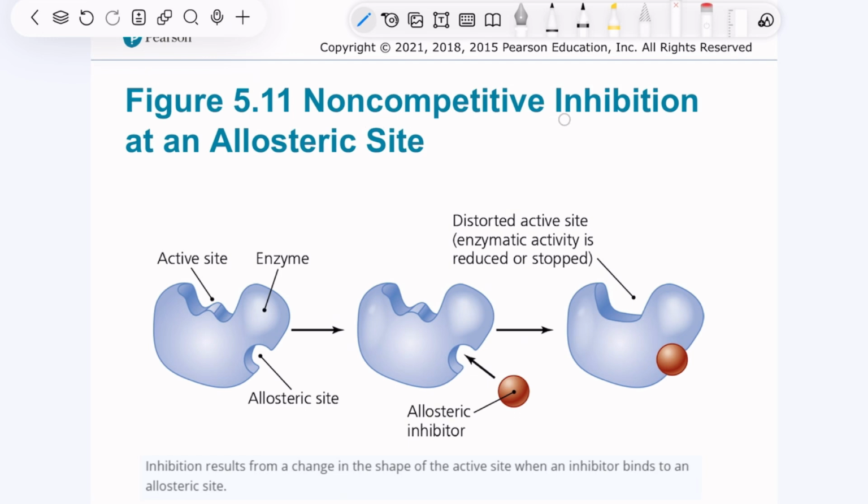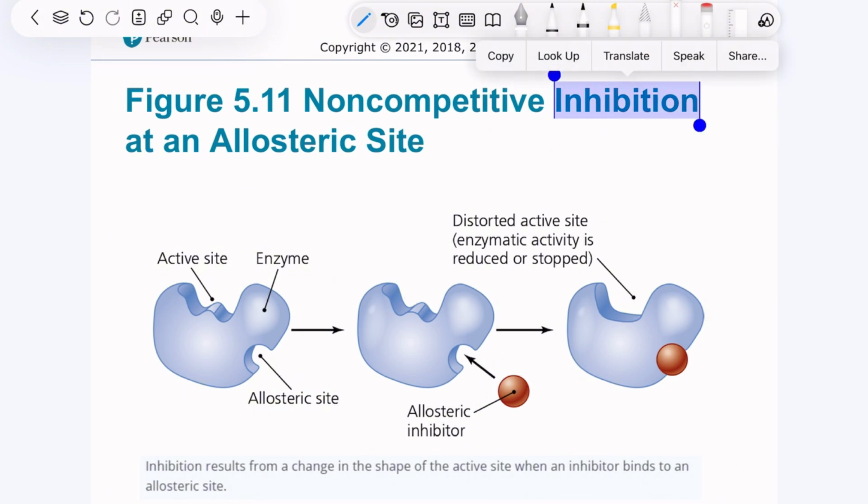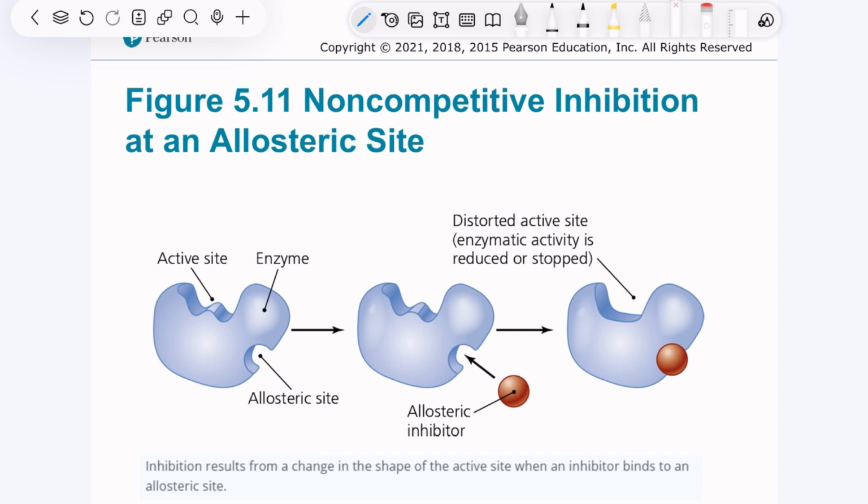Then we look at non-competitive inhibition at an allosteric site. Enzymes have an additional site known as the allosteric site, which is separate from the active site, where substrates normally bind. In non-competitive inhibition, an allosteric inhibitor binds to the enzyme at the allosteric site rather than the active site. When the allosteric inhibitor binds, it causes a conformational change in the enzyme.